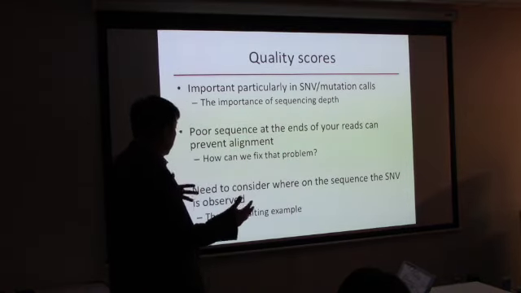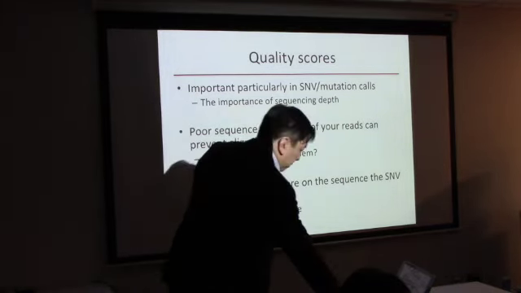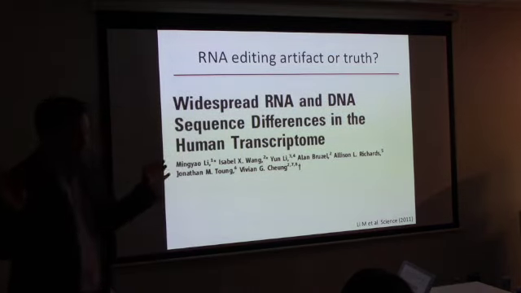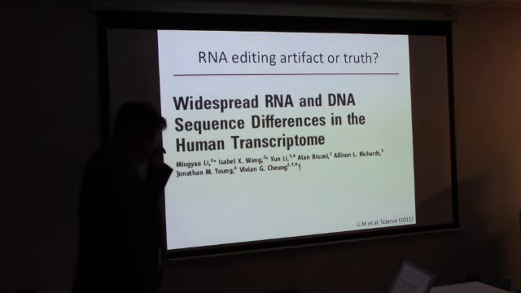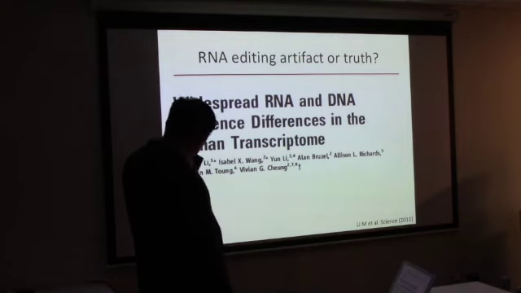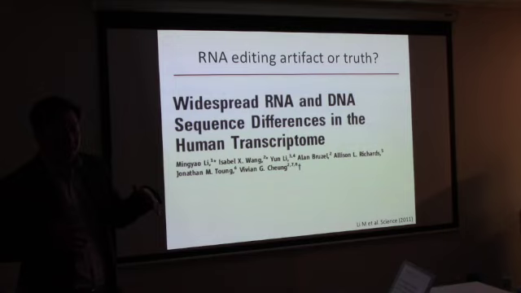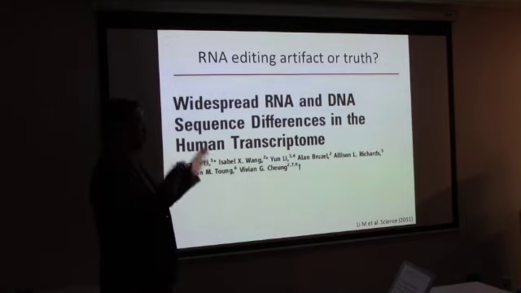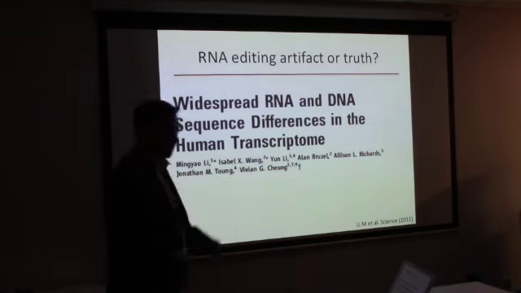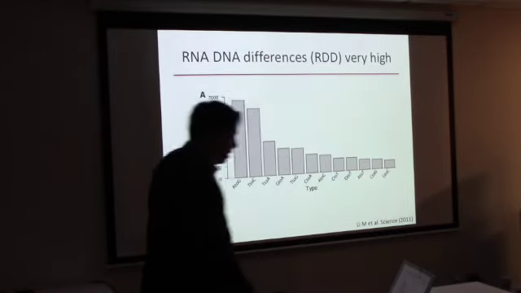But I think the bigger thing is what I just talked about. There's this big paper in this little journal named Science where they sequenced RNA and DNA from the same thing. And they said, oh look, there are so many differences between the RNA and the DNA sequences. This is a big lab.